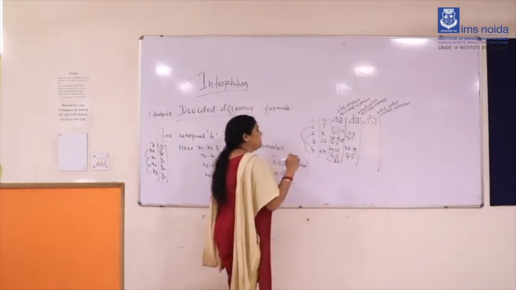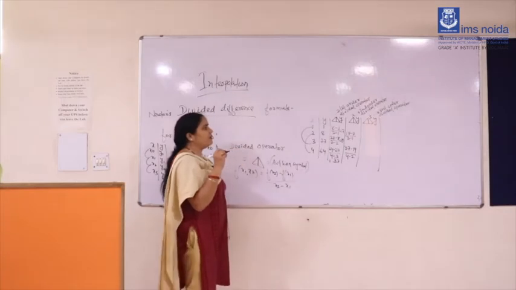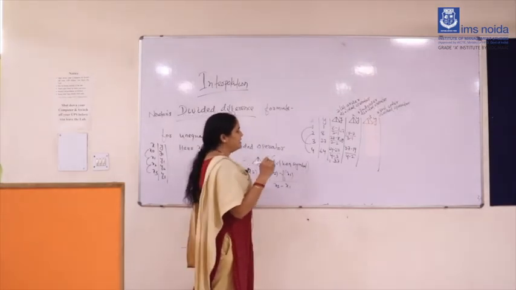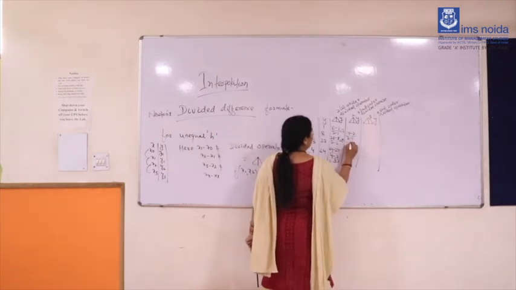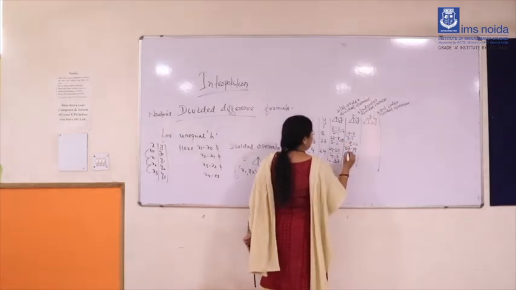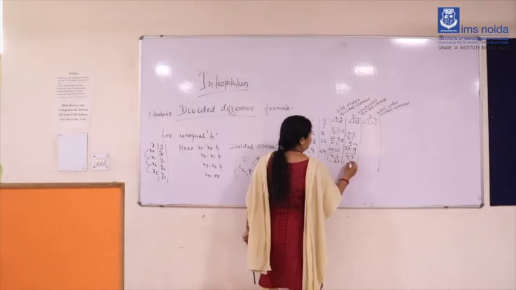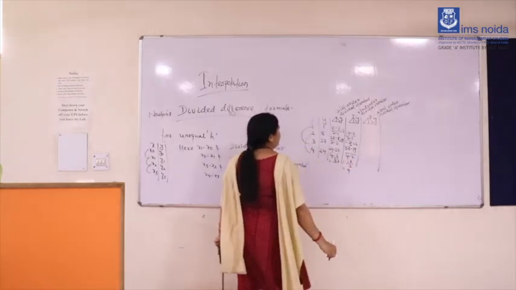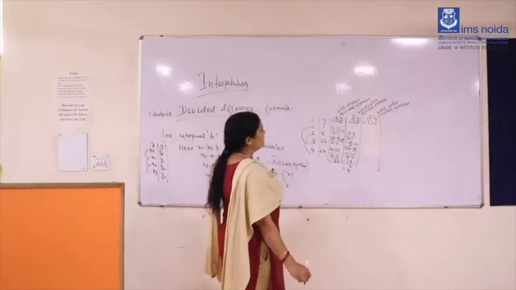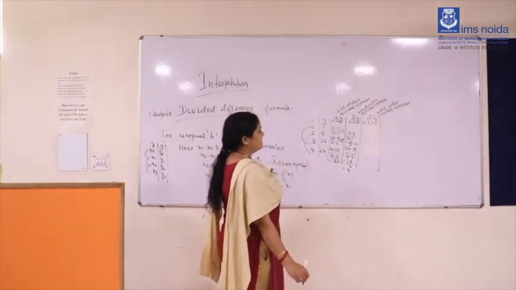So 12 by 2 is 6, and 18 divided by 2 is 9. This is your second order divided operator.